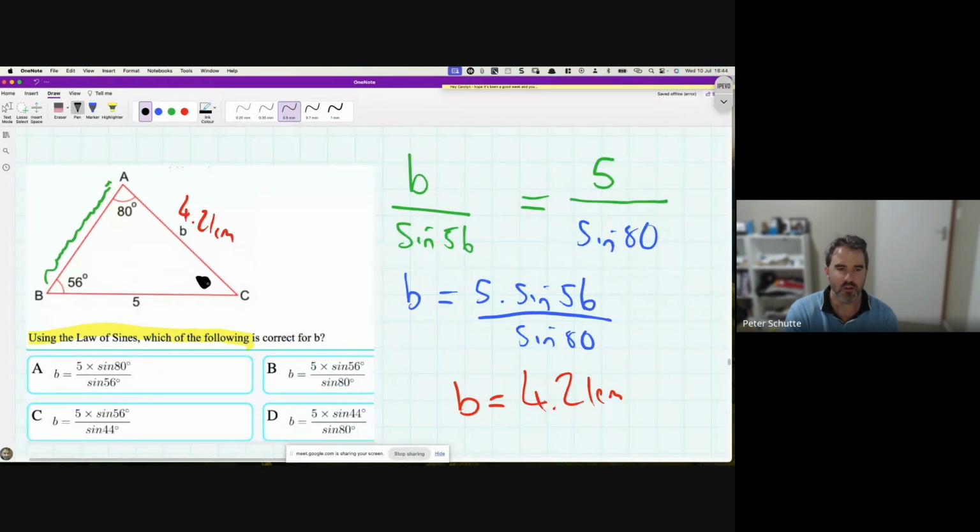Now, who has a way of figuring out what the angle C is going to be using what you know about mathematics and different ideas? Yes, perfect. You know these two, therefore you can work out that angle C is what?